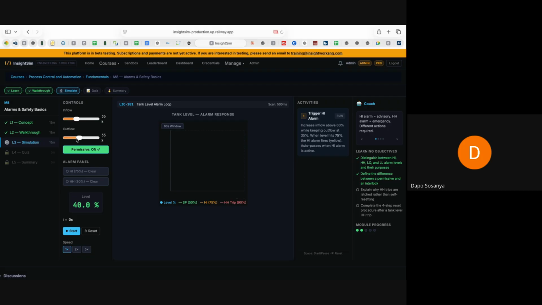So the question is, what is controlling the inflow? Maybe there is a control valve there that you are opening or closing, and you are taking the status of that valve and wiring it into the input card of your PLC, right?